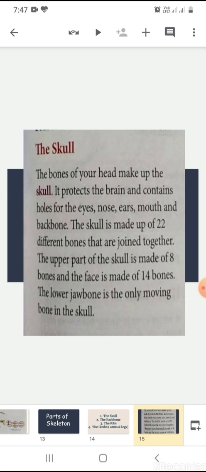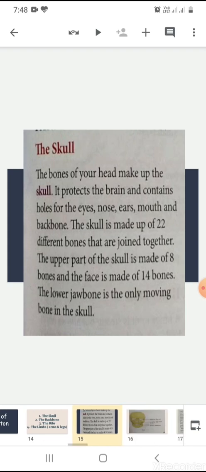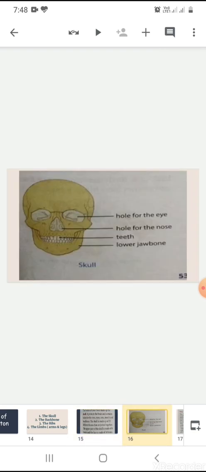It protects the brain and contains holes for the eyes, nose, ears, mouth and backbone. See this picture. This is the skull. It has a hole for eyes, a hole for nose, a hole for teeth. Okay.